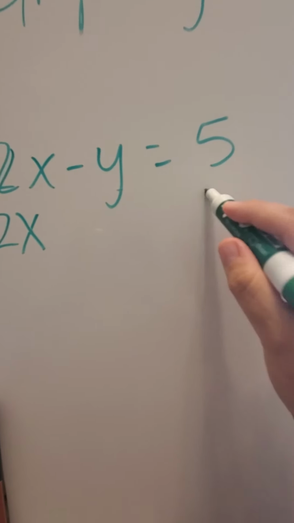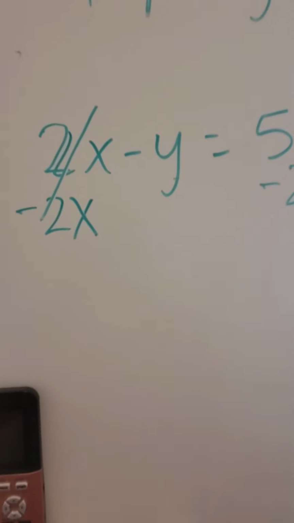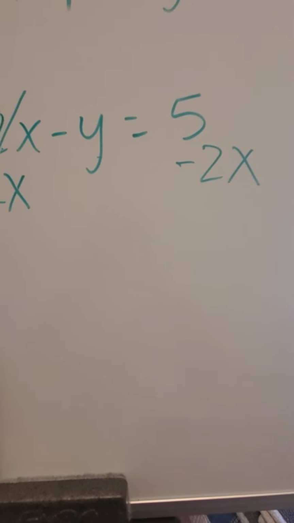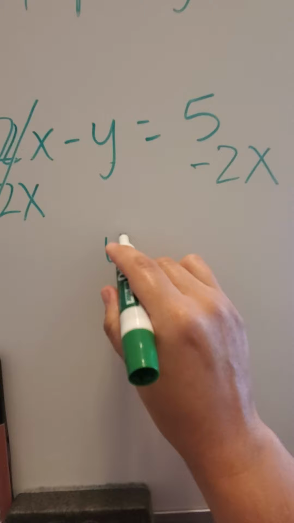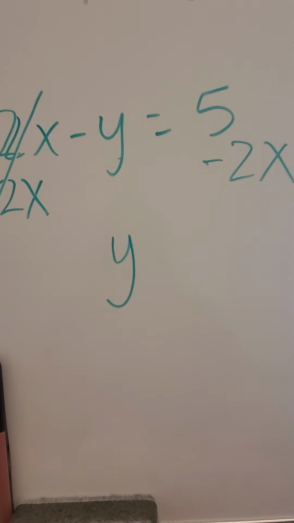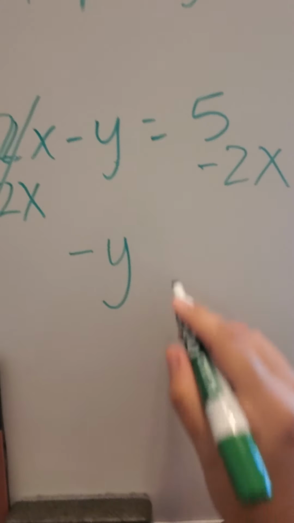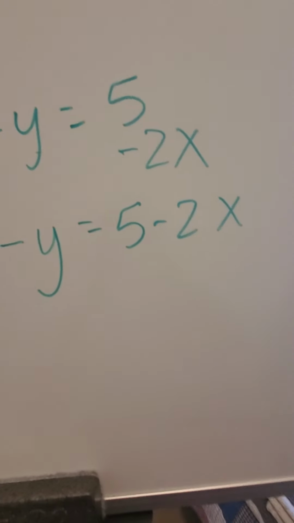So minus 2x to the other side. That cancels. Please be careful. Here's a very common mistake when you guys are doing these questions. My y is negative. A lot of people, when they bring the y down, they forget to bring that negative sign, and it's going to change the value of your answer. Make sure you bring it down. Equals 5 minus 2x. I'll just continue to write it this way.